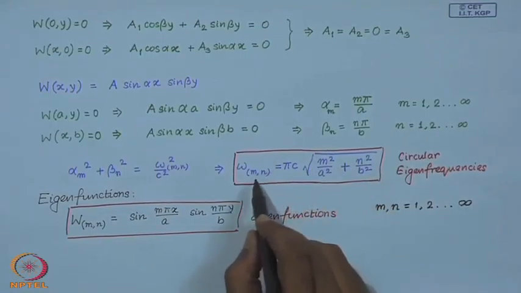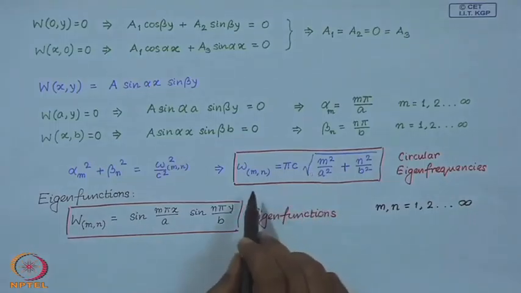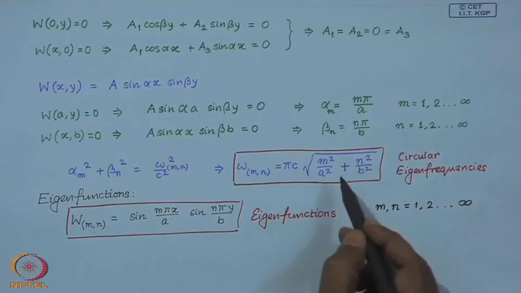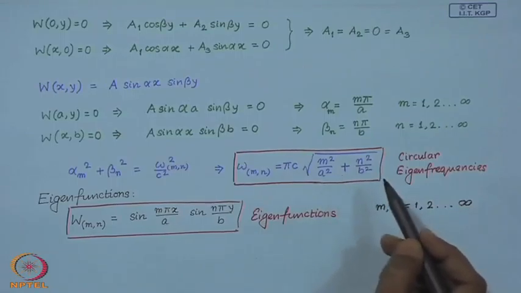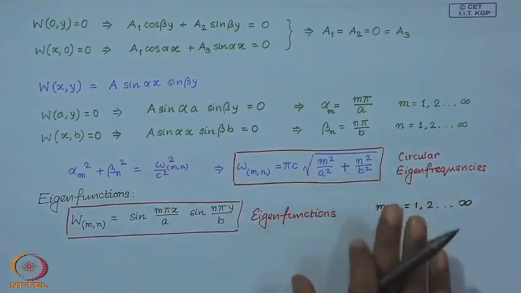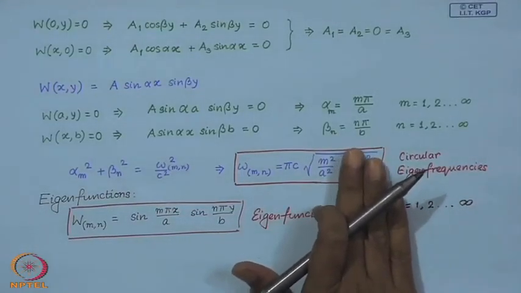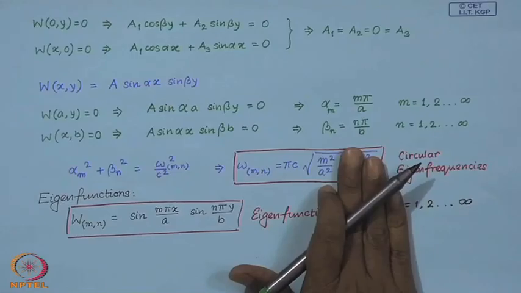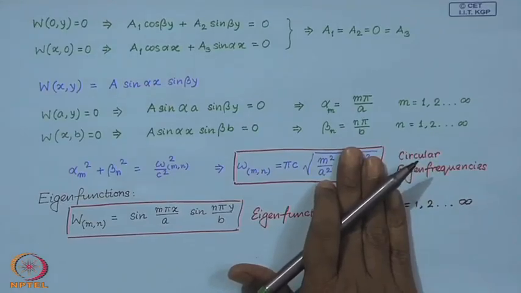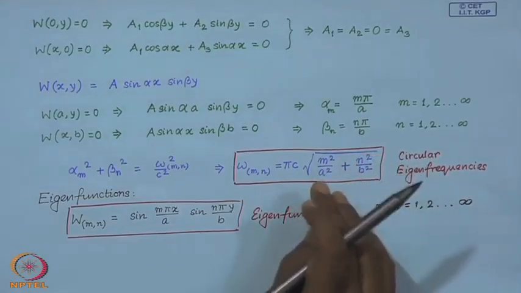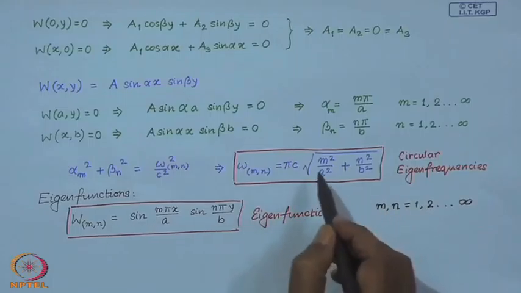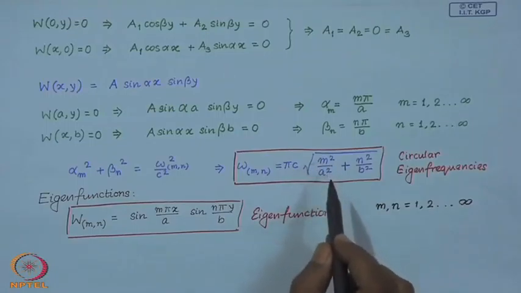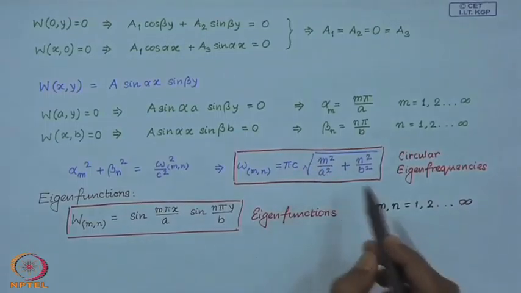And you can see that higher circular eigenfrequencies are no longer just integral multiples of the fundamental, what we have seen in strings. In the case of strings, suppose I simply block this, then you obtain the eigenfrequencies of the string. There you have seen that the higher eigenfrequencies are just integral multiples of the fundamental frequency.